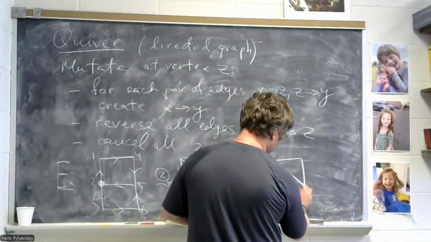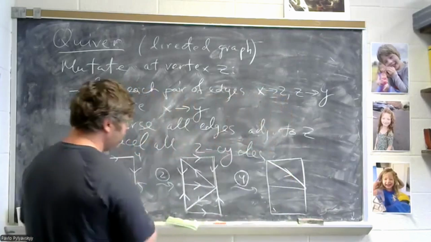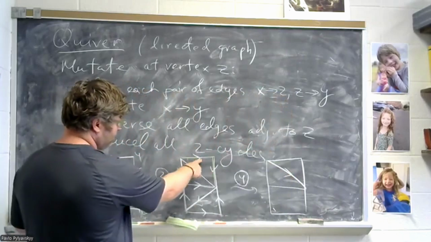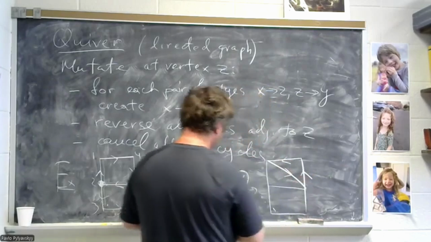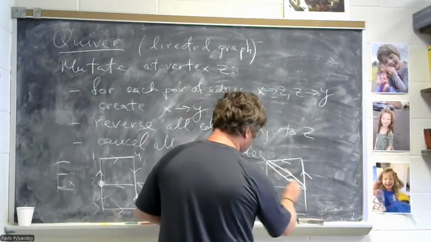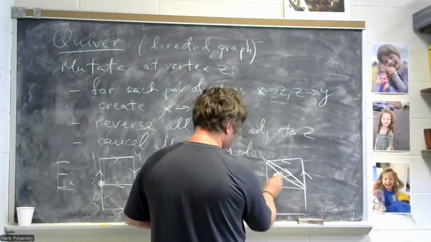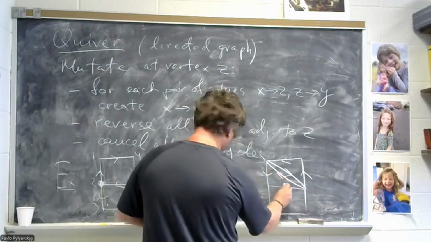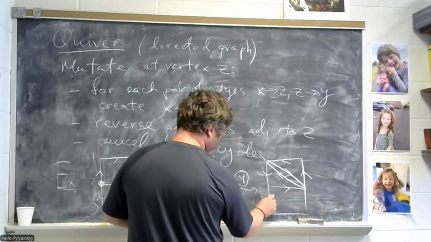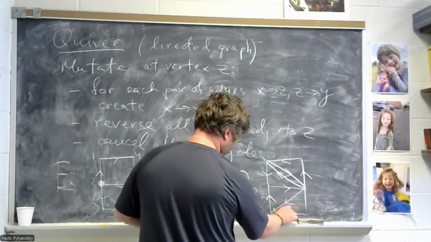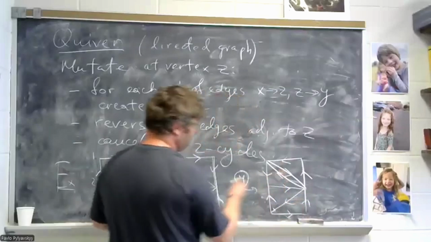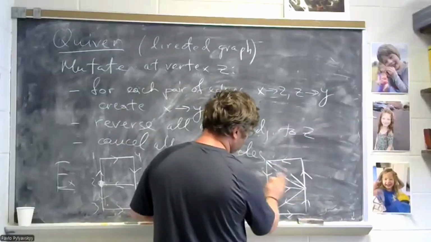We create this edge. We reverse edges at 4. Everything else stays the same, except we need to remove the 2 cycles, which in this case, there is a 2 cycle over here, so we just remove it.